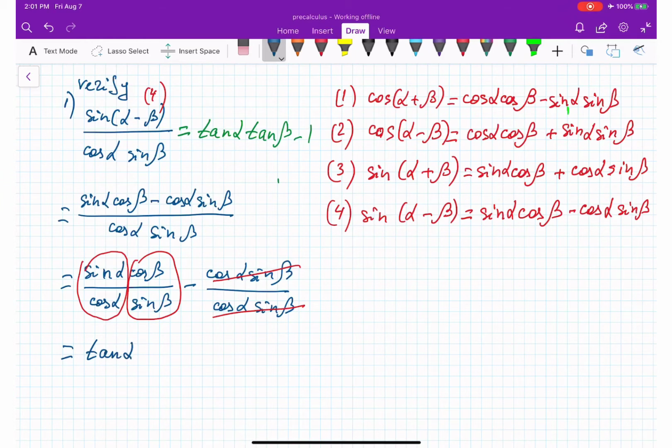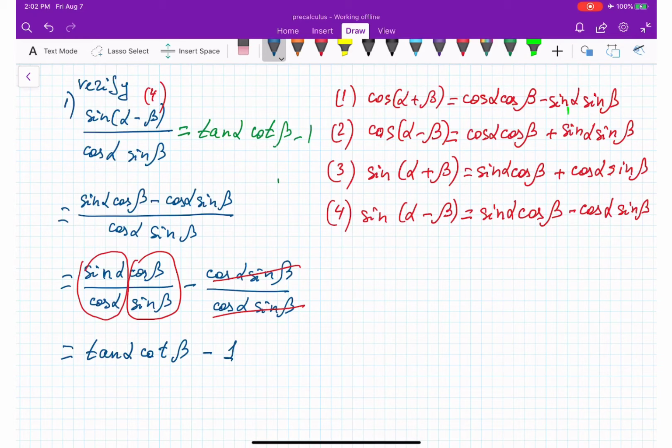And cosine beta over sine beta is cotangent beta. I'm very sorry, this is supposed to be cotangent. So cotangent beta, and minus here will be 1, which we had to prove, and we got it.